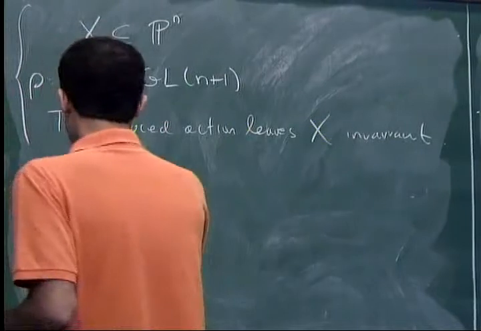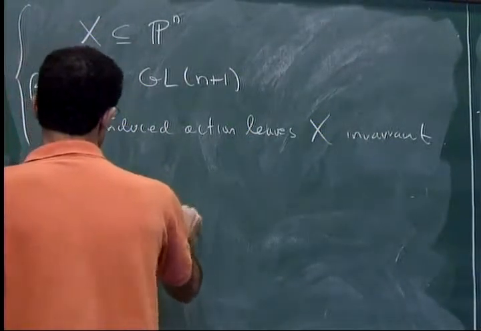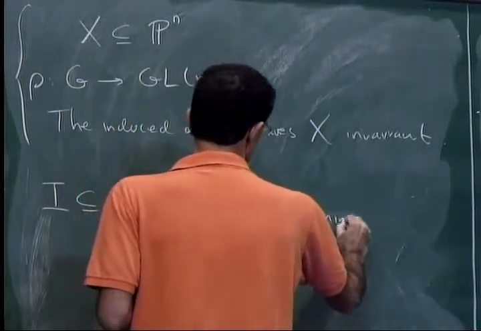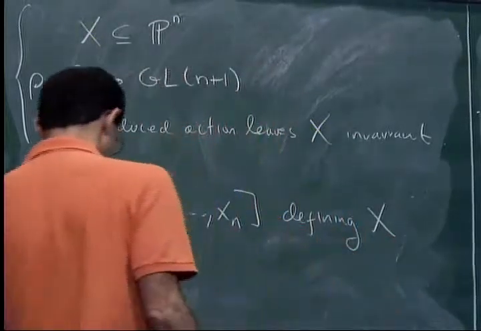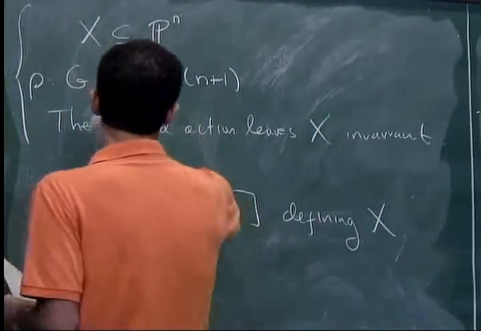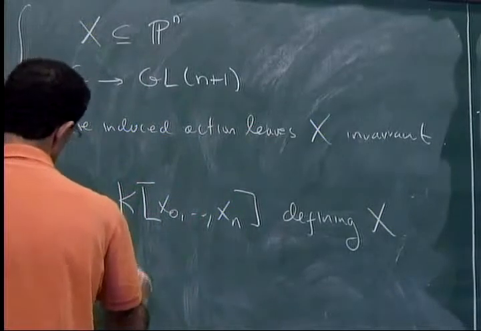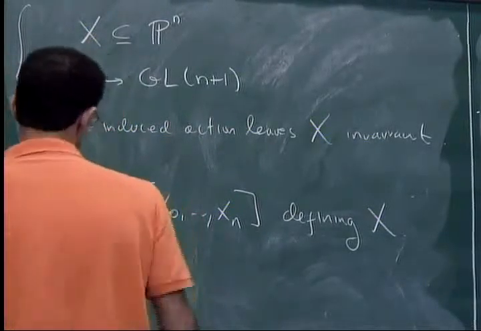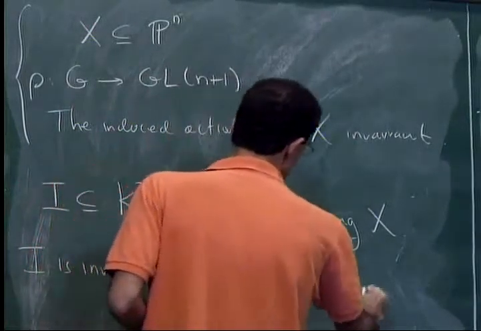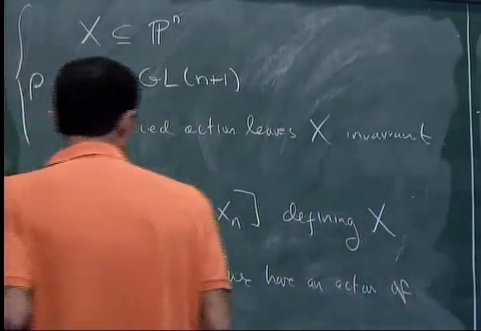Then what we can do is the following. We can look at the ideal, the homogeneous ideal defining X. It's invariant, right? Because X is invariant. And so I is invariant. So we have an action of G in the quotient that corresponds to the cone.